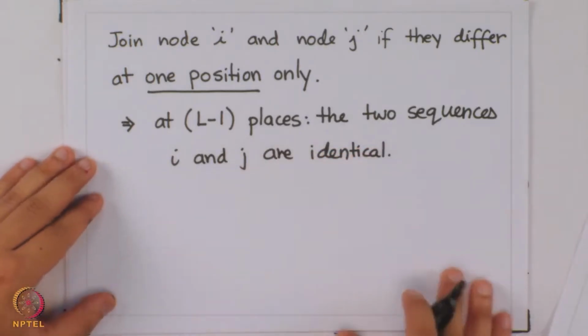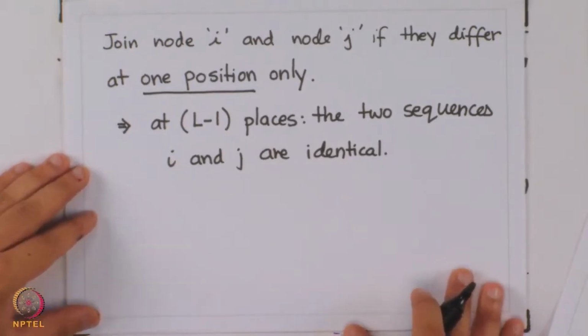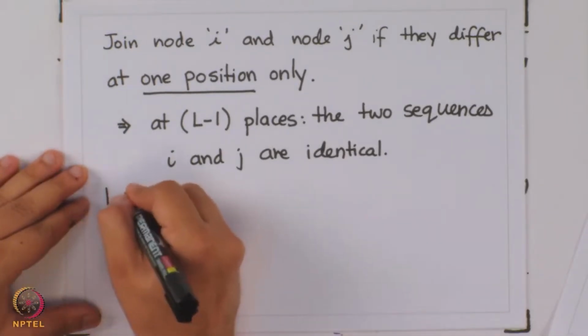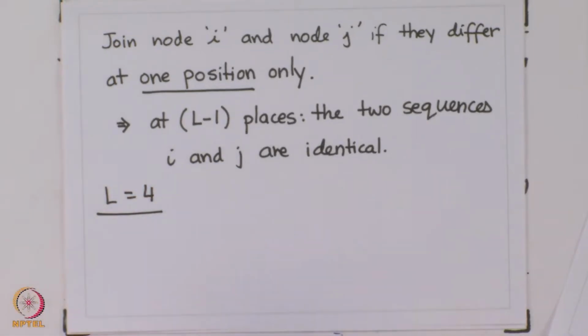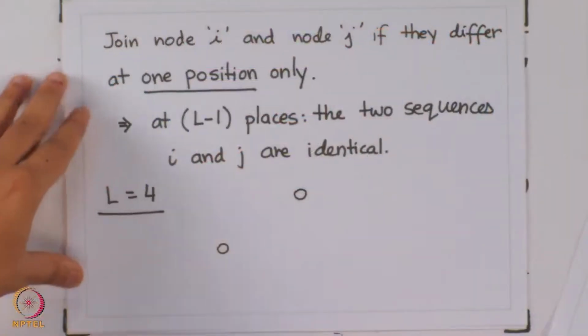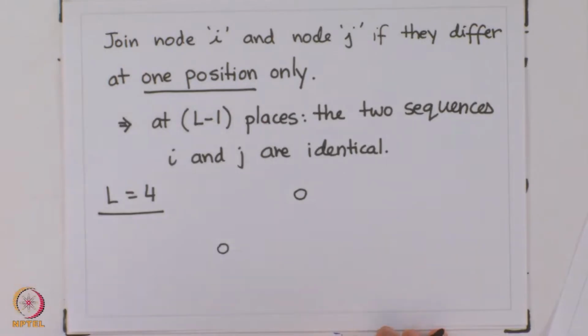Let me make that clear again. Let us say L is equal to 4, that means I am only interested in understanding sequences of length 4. Then the total number of sequences that I am going to end up with is 4 to the power 4, which is 16 into 16, which is 256. So, I will have 256 nodes drawn on the plane of my paper. Each of these nodes represents a particular sequence, and I join two nodes if they differ at one nucleotide position only and the remaining 3 are the same.